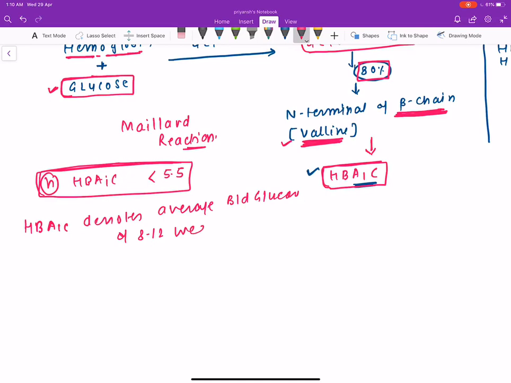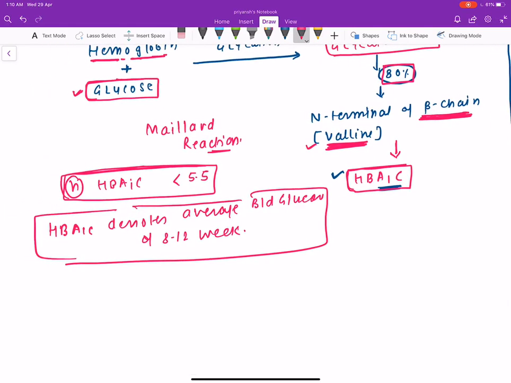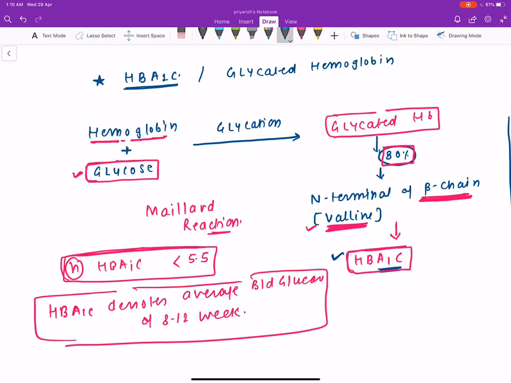It gives the average estimation of blood glucose for the last 8 to 12 weeks. This is provided with the help of HbA1c because the lifespan of the RBC is around 8 to 12 weeks, so it will give the same estimation. This was the detail regarding HbA1c I wanted to share with you.